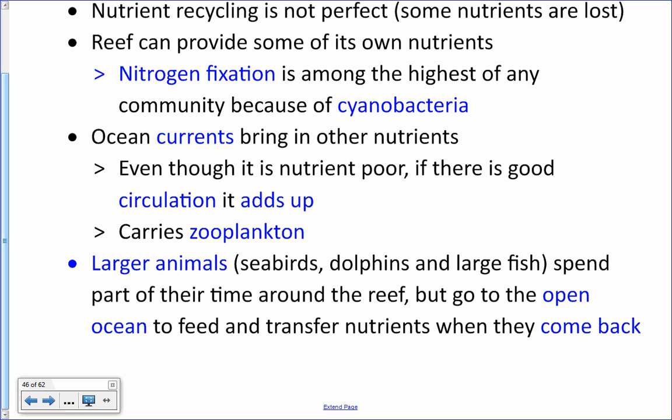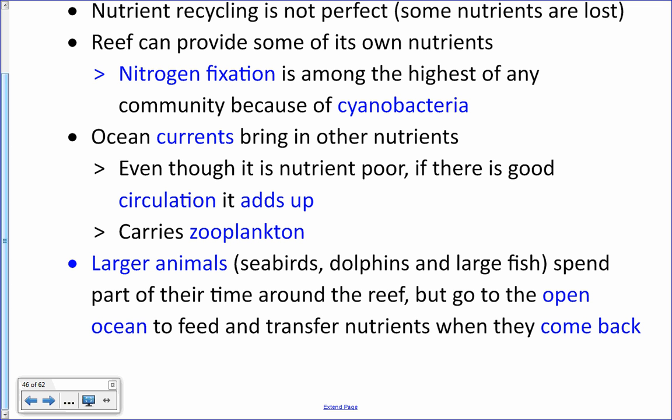We also have other larger animals that will visit reefs for whatever reason, to eat or to get cleaned. So big fish, seabirds, dolphins, turtles, okay, stuff like that, whales even sometimes. And when they come to the reef, they will poop again as well, and they'll release nutrients onto the reef. Yeah? Okay, so lots of ways for the reef to get nutrients.